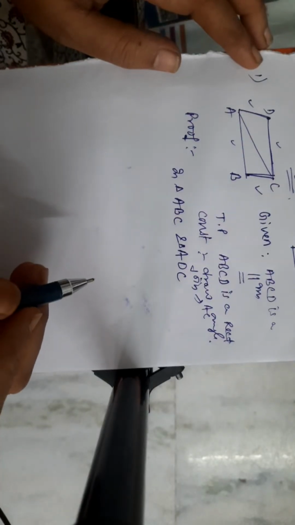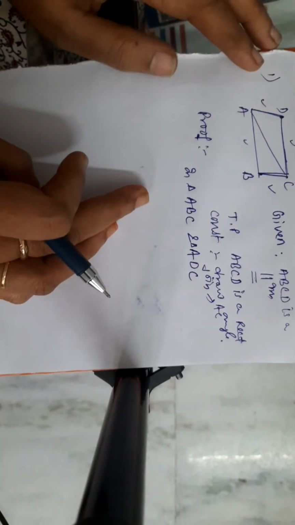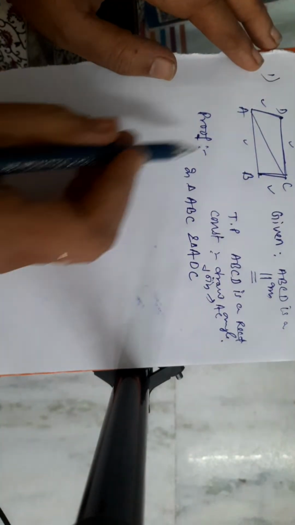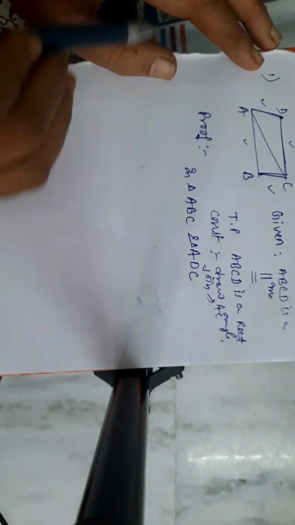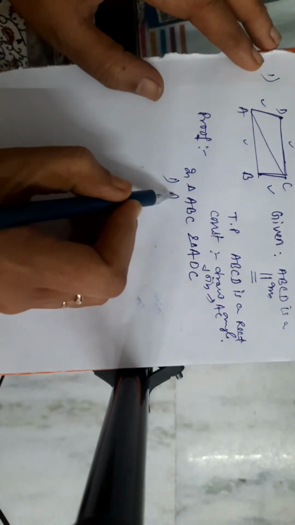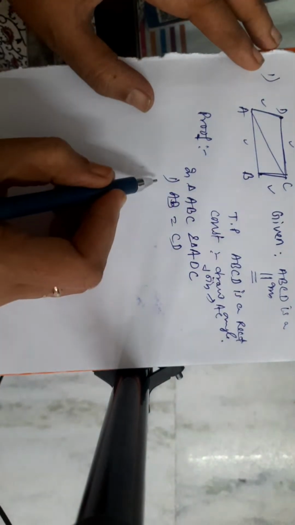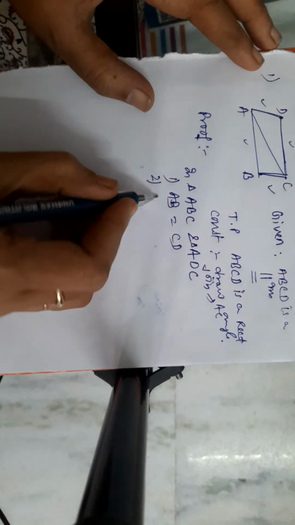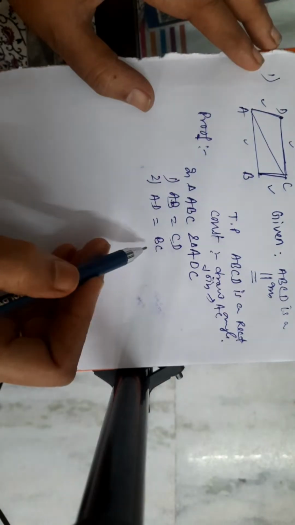If you recall similarity of triangles, as I told you, we need to use all those points here. The first point, AB is equal to CD. The second point, AD is equal to BC. How did we get these equal?